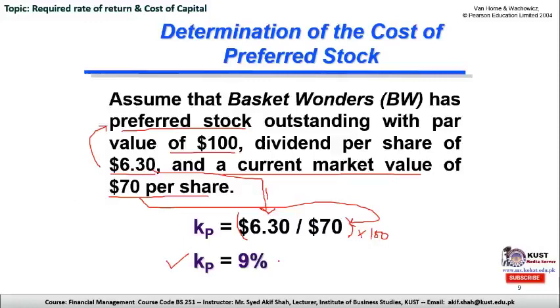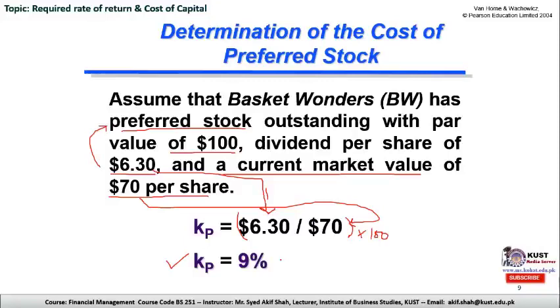If the company has preferred stock outstanding and has paid out $6.3 as dividend to the preferred shareholder, then the cost of this preferred share to the company is 9%.